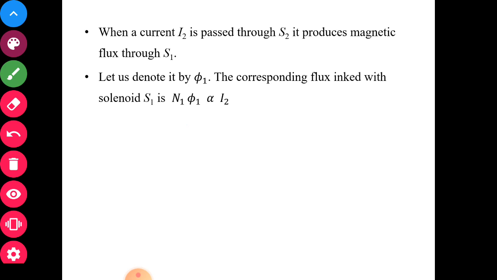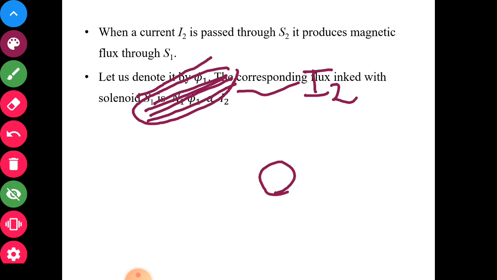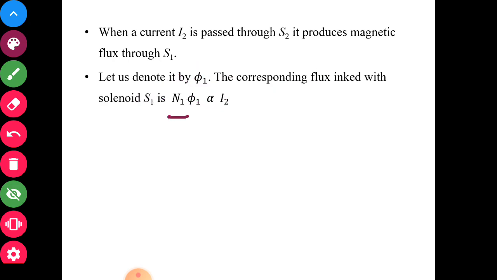Phi 1 is the flux corresponding to one turn. There are N1 turns, so the total flux is N1 phi 1, which is directly proportional to the current I2.